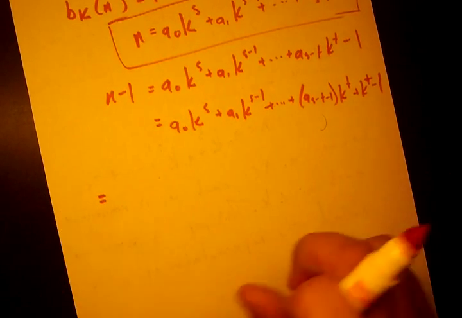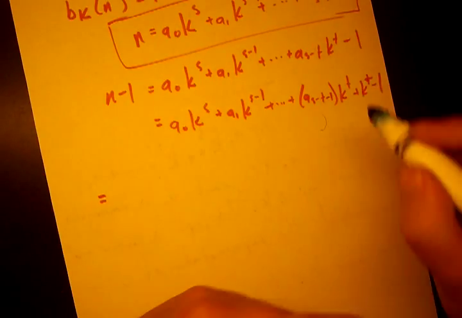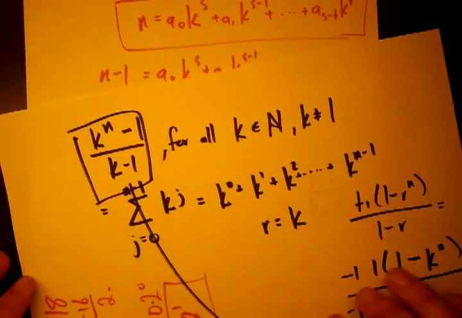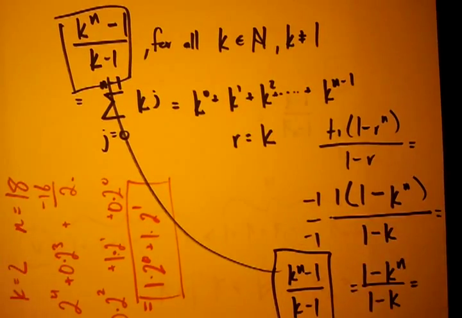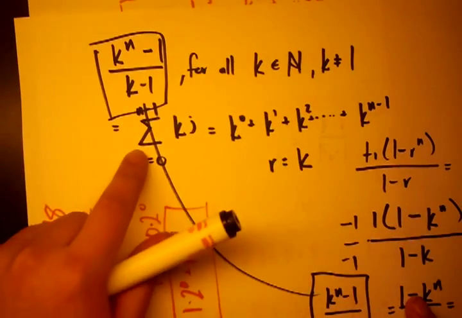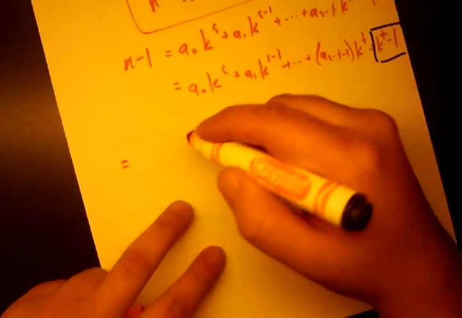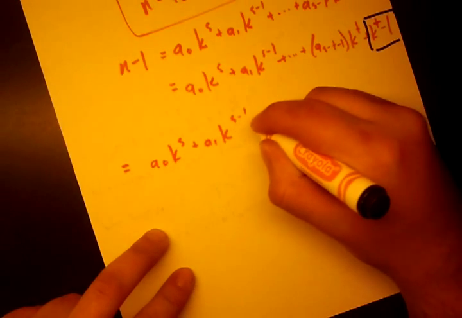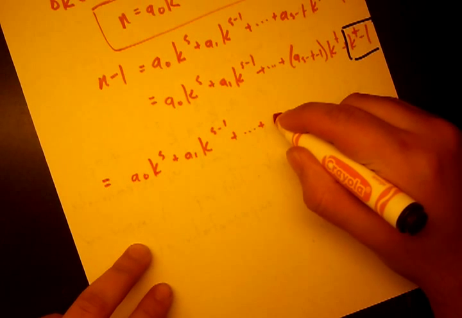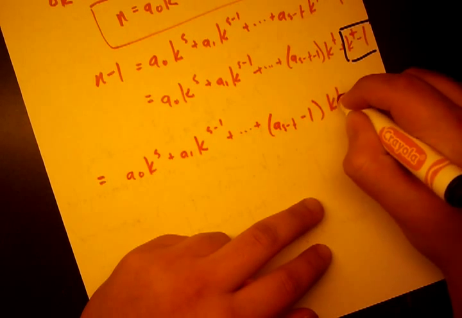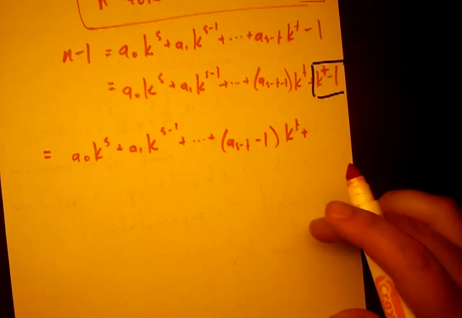We need to recognize something. So remember, let's look at this term, k to the t minus 1. And then let's look back at our theorem number 1, which says that k to the n minus 1 over k minus 1 is equal to all this sum, and we're just going to rewrite that. So basically it's going to look something like equals a naught k to the s plus a1 k to the s minus 1 plus dot dot dot plus a sub s minus t minus 1 k to the t plus, and then we're going to rewrite that.